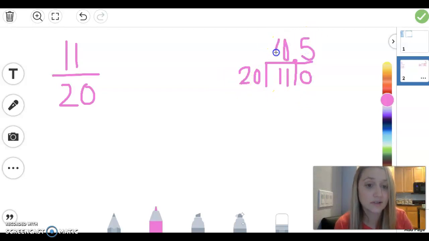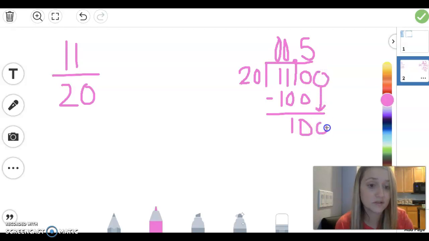It can't go in here, so we have 100. Then we subtract and drop down our 0. 20 goes into 100 5 times.